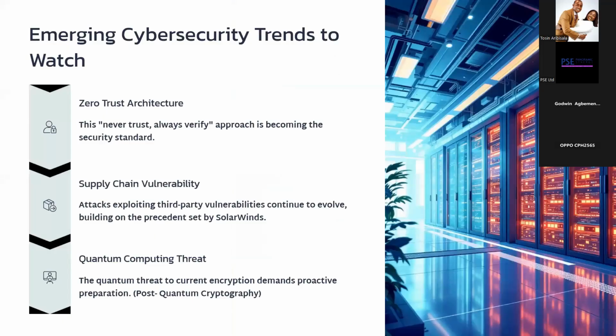So there are some emerging cybersecurity threats or trends to watch out for. We have zero trust, which we already talked about, the never trust, always verify approach. And also we have supply chain vulnerability, where attacks exploiting third-party vulnerabilities continue to evolve.